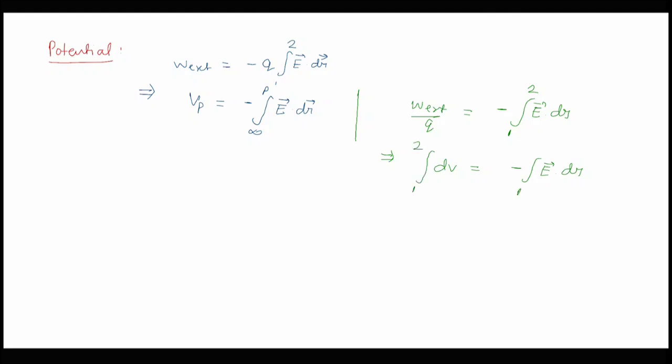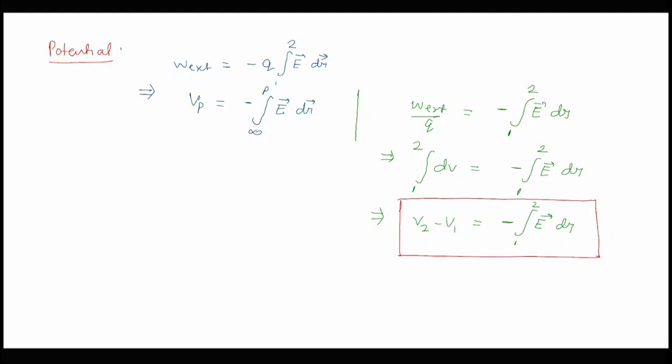And hence we will obtain an equation like this: V2 minus V1 is equal to negative integral of E dot dr from position 1 to 2. So this is the equation which we have.